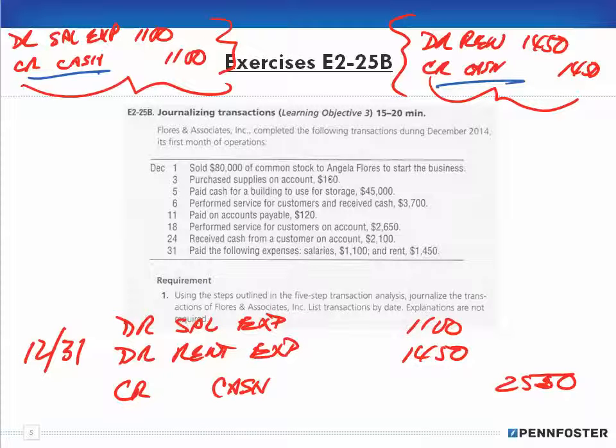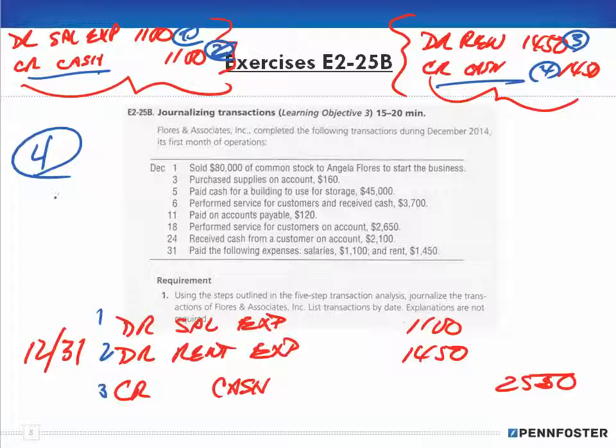So I wasted a little bit of time writing cash twice. And then when I go to post, I'm going to spend a little bit extra time because now I have to post 4 items: 1, 2, 3, and 4. I'm going to have to post 4 lines instead of only 3. So I have to post one extra line item.